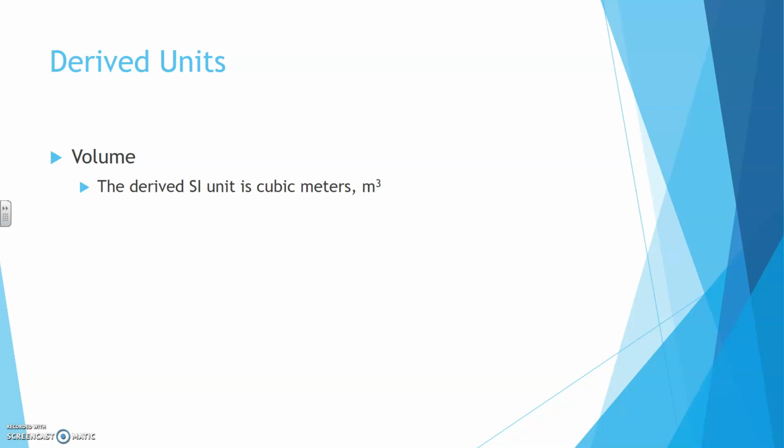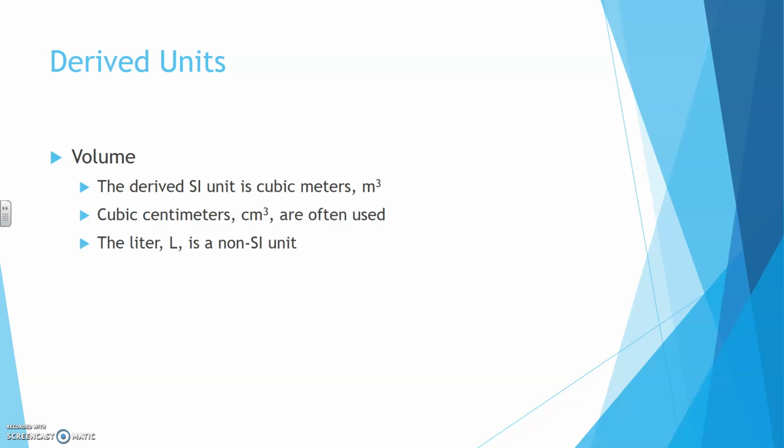So for volume, the derived SI unit is cubic meters, so meters cubed, though centimeters cubed is also very common. It really depends on the size of whatever you're measuring. And then the liter, which we're most familiar with in the metric system as being the volume unit, is a non-SI unit.